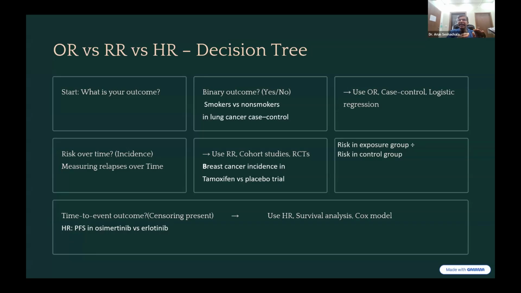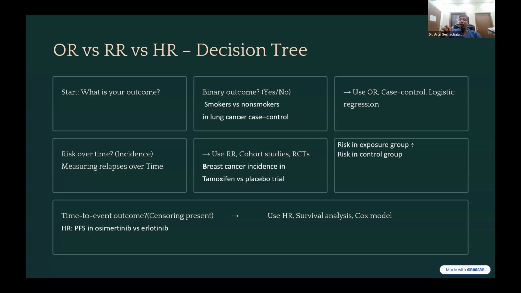When this is there, then the odds ratio can be used, or a linear regression or logistic regression model can be used. When you add the time component, you want to see when the patient has relapsed. You want to follow up the patient over a period of time. Then you use a cohort study or randomized controlled study, and in a cohort study you do the relative risk.